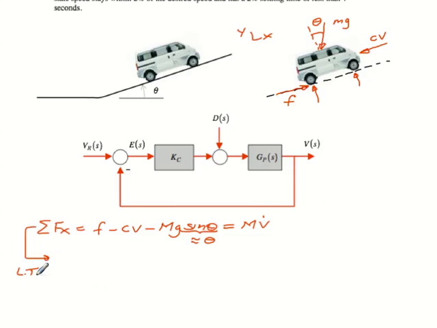We're looking for transfer functions. Therefore, for forced response, we can set initial conditions equal to 0, and we get F(s) minus c times the transformed velocity V, minus mg times the transformed road angle theta, and on the right-hand side we have m times the Laplace transform of v dot, that's just s times V. So from this equation, what I'm going to do is bring all my V's together.